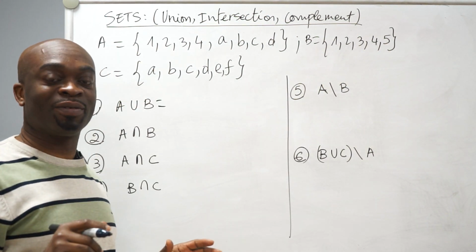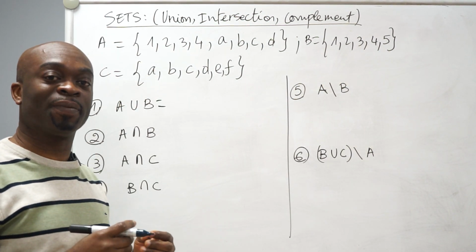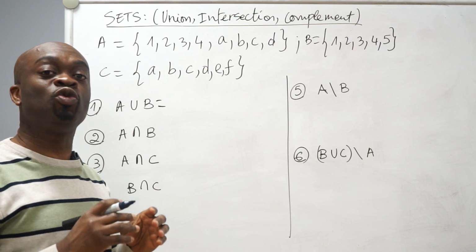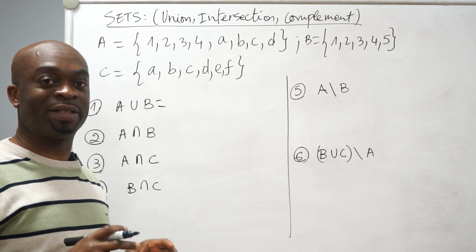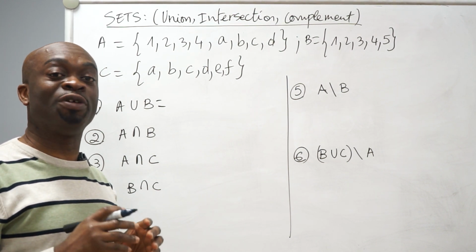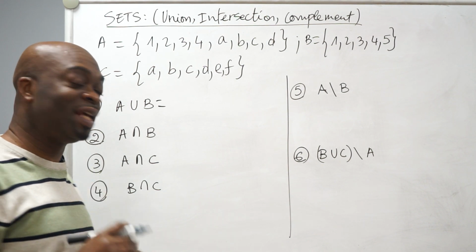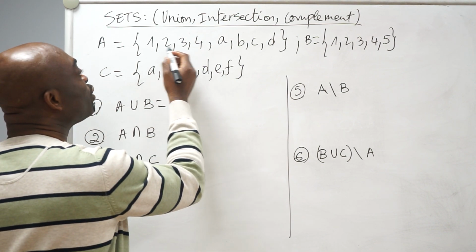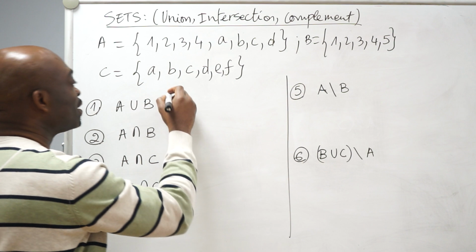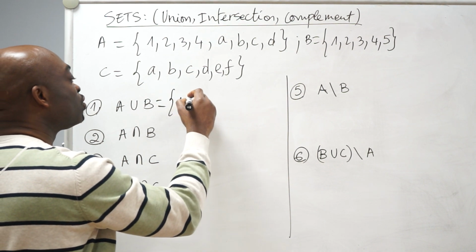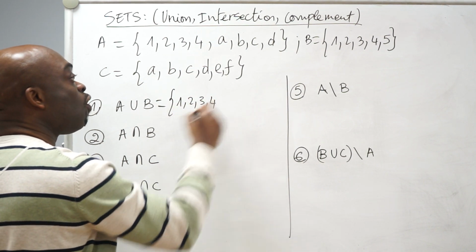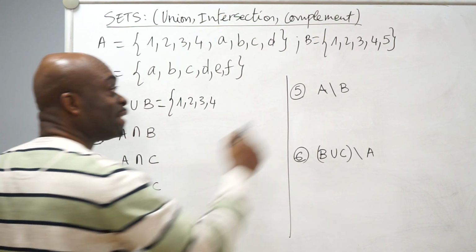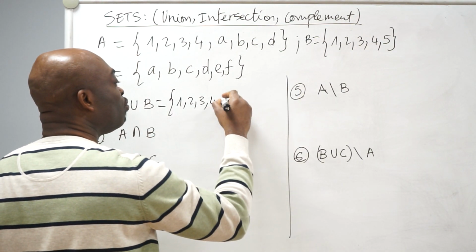Now, keep in mind, whenever we are doing the union, we're putting them together, we do not repeat any element. Let's go. So we have 1, 2, 3, 4, right? What else can we bring up together with it? 5, right?